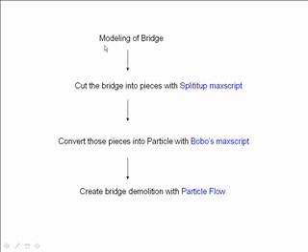First, we are going to model this bridge, and cut the bridge geometry into pieces with the SplitItup maxscript, and then convert those pieces into particles with Bobo's maxscript. Finally, we are going to create the bridge simulation with particle flow.